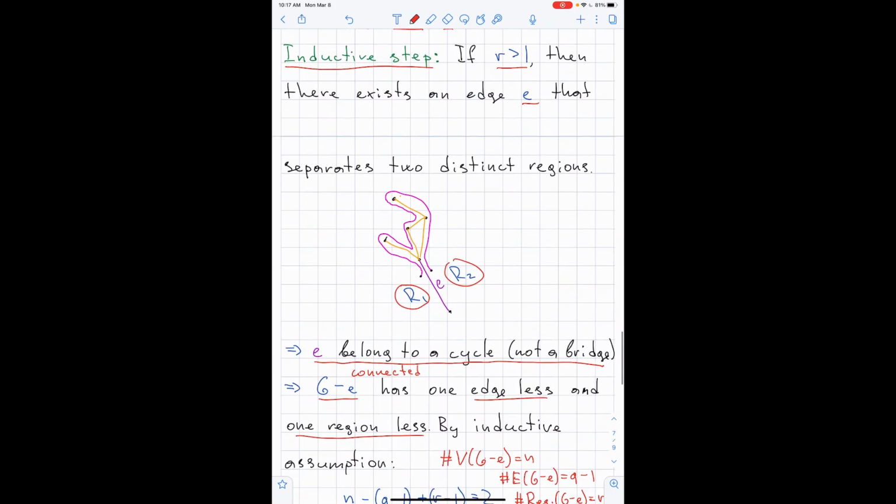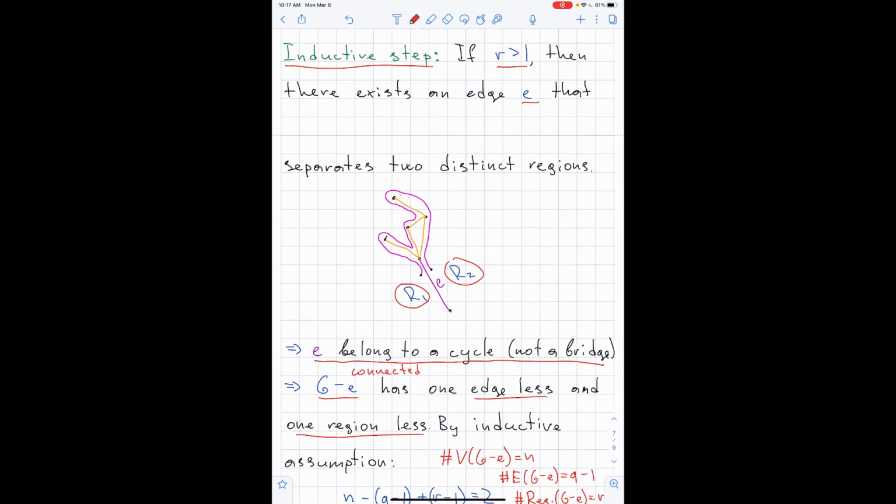And if it's not a tree, then we can take any edge that separates two different regions, and actually any edge that is not a bridge will separate two regions. So we take any edge which is not a bridge, and if we erase it, the number of regions decreases by 1, and the number of edges decreases by 1, and we can continue doing so until we get a tree.